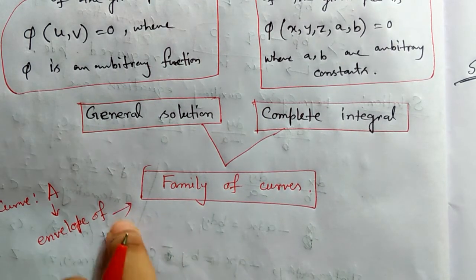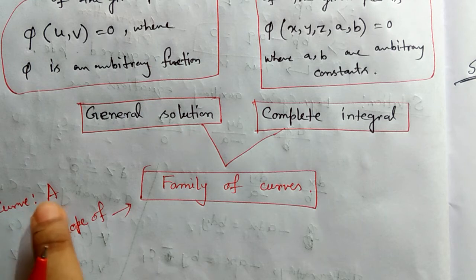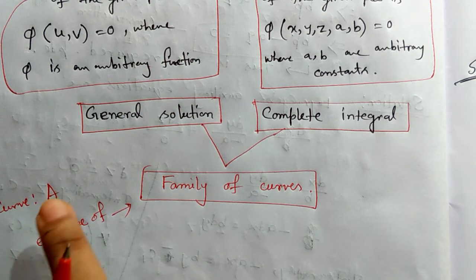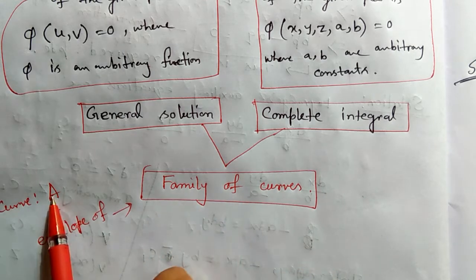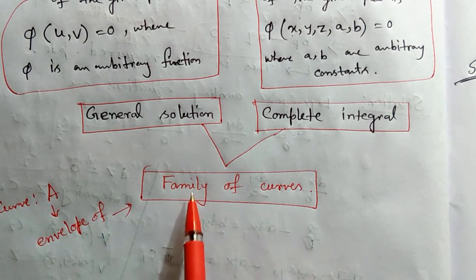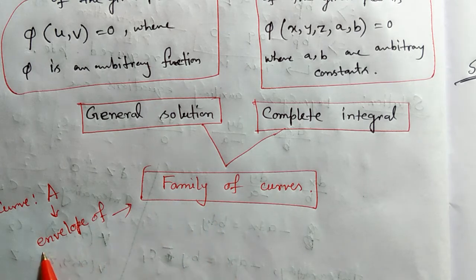So if there exists a curve A which touches each member of the family of curves, then A is called the envelope of this family of curves.